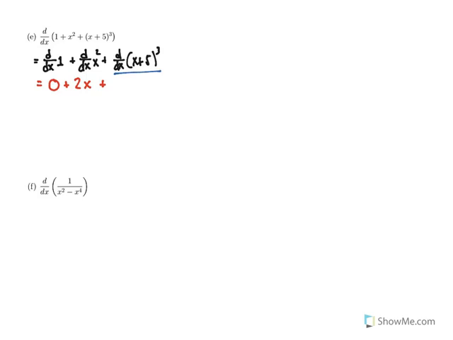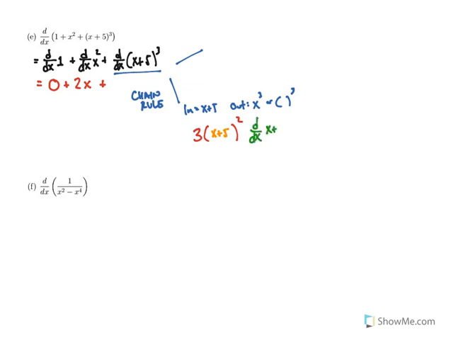And note that there's actually two ways that you could do this. First way we're going to do is just using the chain rule like we've been doing. That is, the inside function is x plus 5, outside function is something cubed, and we do the derivative of the outside function, 3 times something squared, leave the inside function alone, and you multiply by the derivative of the inside function, which is just 1.